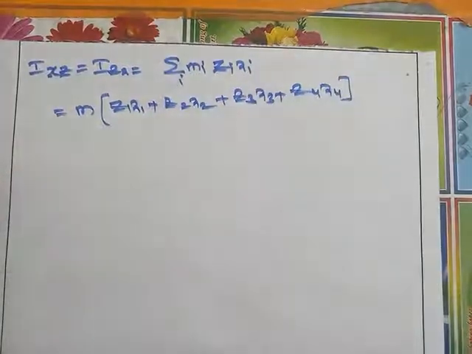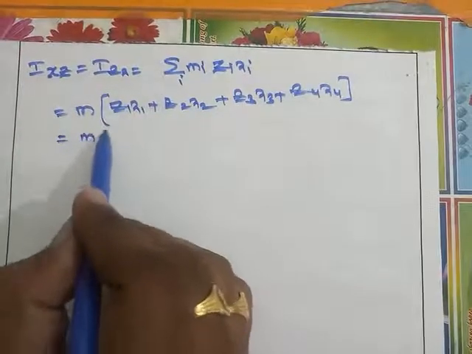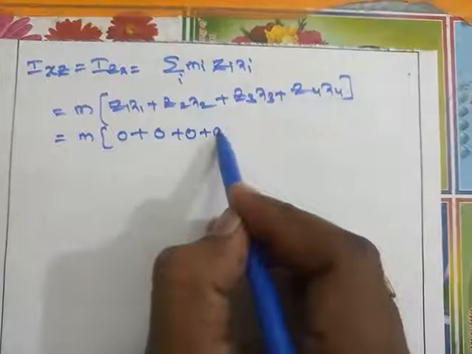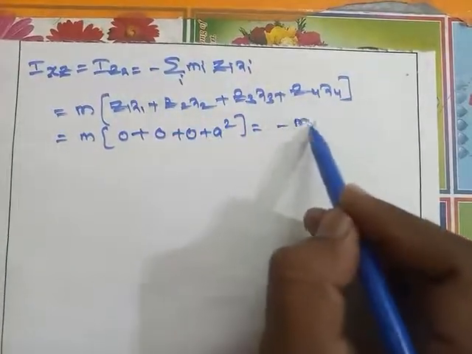So what we get in this equation, finally, substitute all the values z1 x1, z2 x2 and z3 x3, then we'll get only 0. This one is 0, this one is 0. Here we will get only a square, so here you have to write minus ma square.